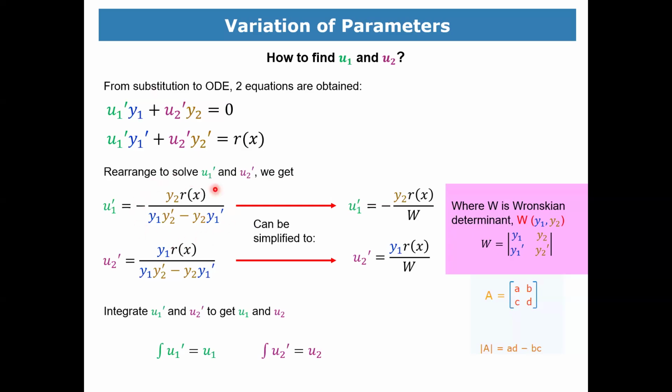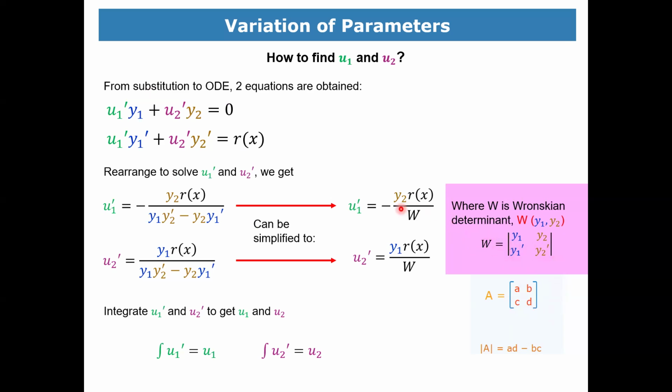It looks a little bit complex, so this equation is simplified by converting the bottom part of the equation into W, whereby W is the Wronskian determinant of y1 and y2. The W here is in terms of a matrix, whereby the values inside the matrix are y1, y2, y1 prime, and y2 prime.